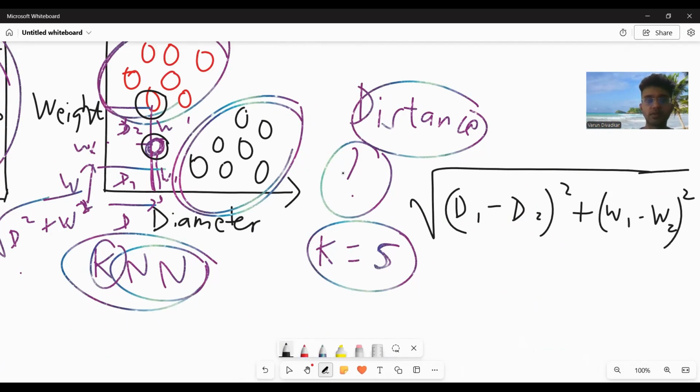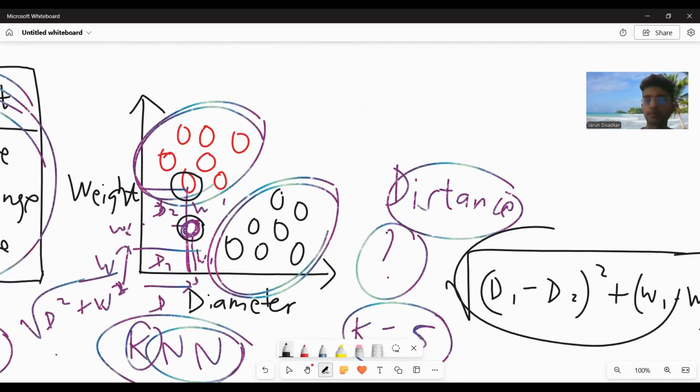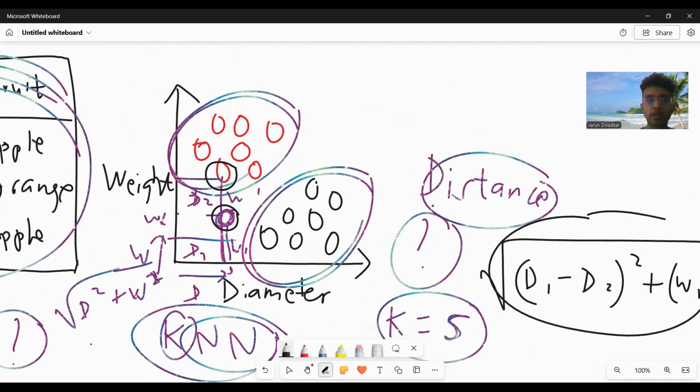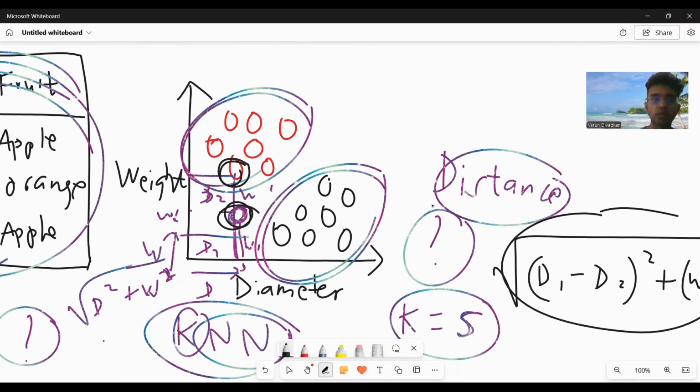That's the distance here. So using this formula, we compute the distance between this fruit and each other one, and based on this distance, we take the nearest ones. This is the one with the least distance, this is the second one with the least distance, the third one, the fourth one, and then the fifth one. So these five are the closest to this fruit based on the distance.